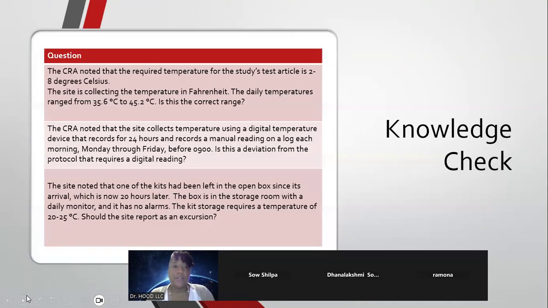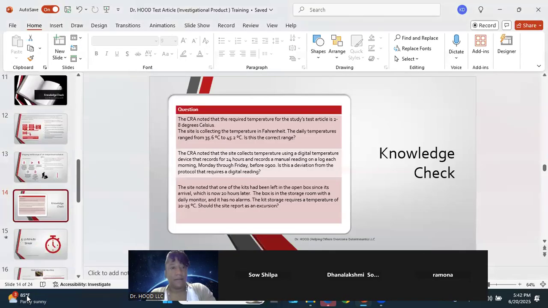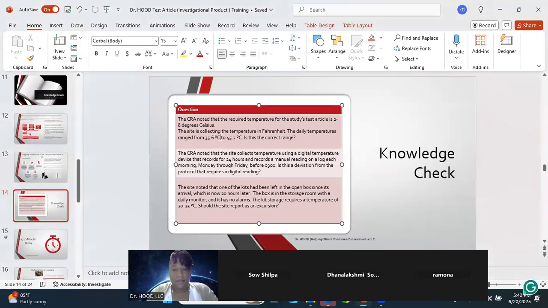The daily temperatures range from 35.6 to 45.2 degrees Fahrenheit. Is this a correct range? I'll let y'all get your phones out to do the conversion to see if this is correct.